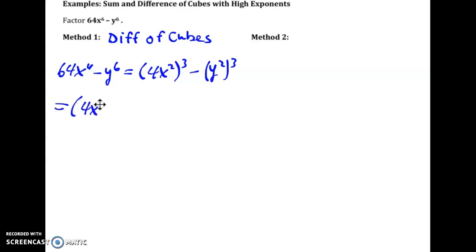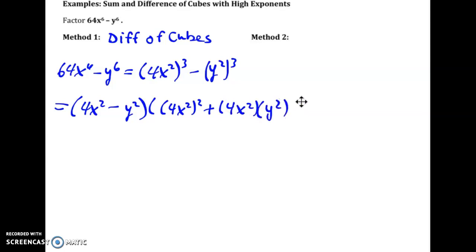So it would be 4x squared minus y squared, and then we'd have 4x squared all squared plus 4x squared times y squared plus y squared all squared. That's just following that same pattern, and then we can simplify this a little bit.